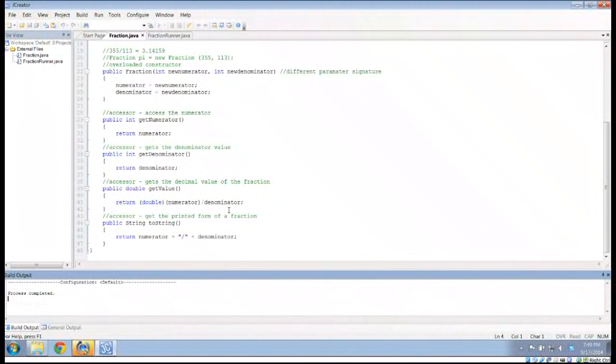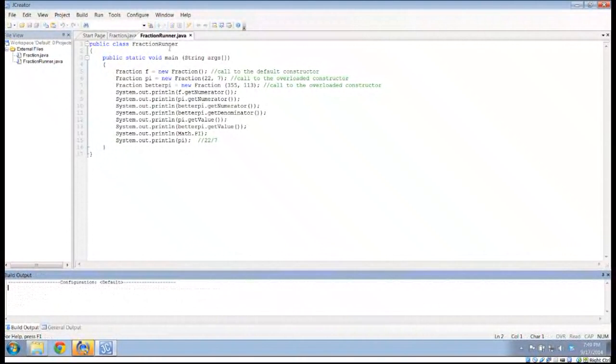So now if I try to compile this and run fraction runner, now when it prints out pi, I'm going to see that 22/7. And if I ask it to system.out.println better pi, it's going to print out the 355 over 113.